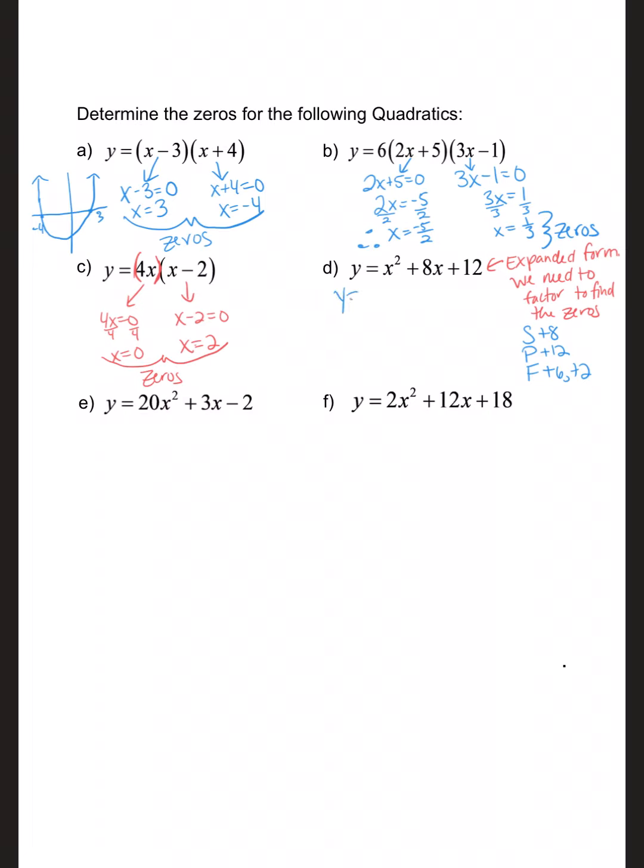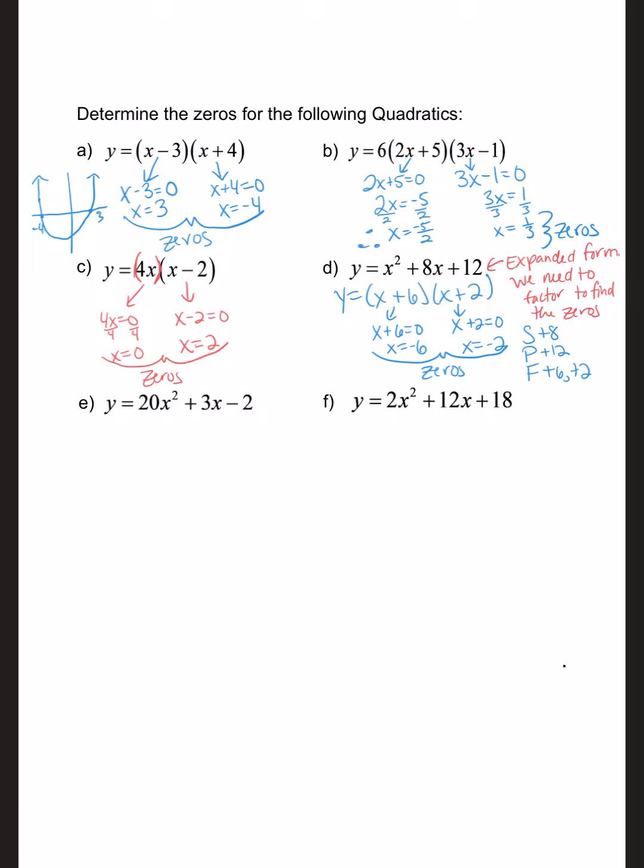So we'll take each of those and put them inside a set of brackets. Now that we're in factored form, we can take each bracket and set them equal to 0 to solve. So we'll have x is equal to -6 and x is equal to -2. So once again, those are our zeros.